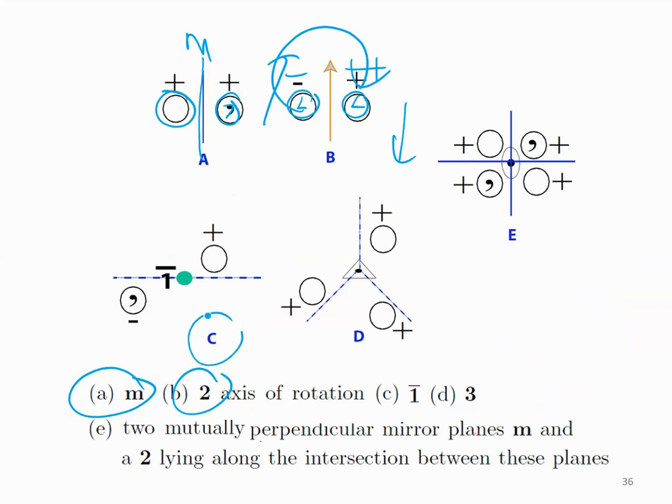Then case C, if this is left hand, this is right hand, so we have one inversion point here, right? How about case D? Left hand, left hand, left hand, left hand. So this is 3/4 rotational axis.